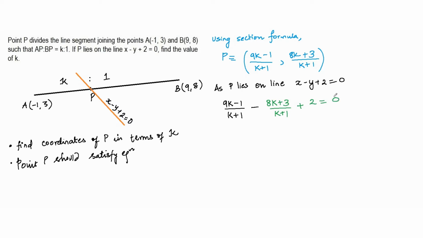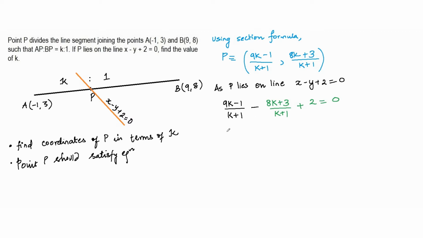Basically, the x coordinate of P and the y coordinate of P should satisfy the equation x minus y plus 2 equals 0 because that particular line passes through this point. Hence I have replaced x with the x coordinate of P and y with the y coordinate of P. And now I am going to find the value of k.